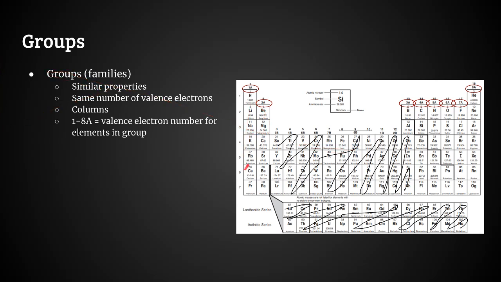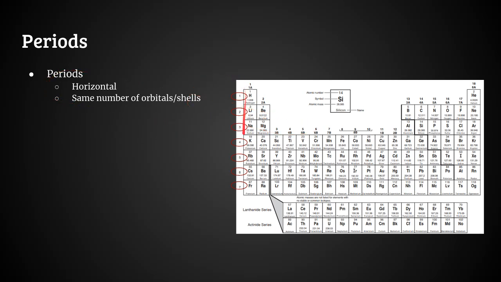You'll see that these groups have very similar properties. They have the same number of valence electrons, so these all have 1, 2, 3, 4, 5, 6, 7, 8. And then we have our periods, which are the horizontal ones, and those have the same number of orbitals or shells.